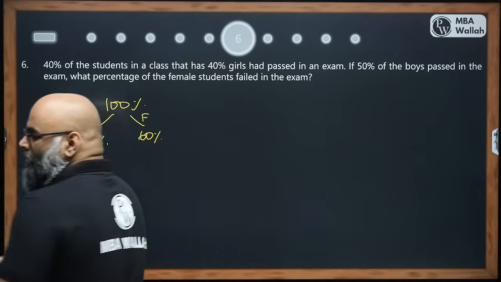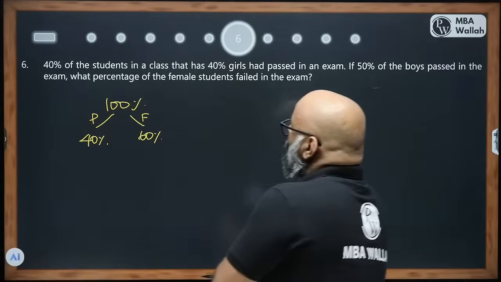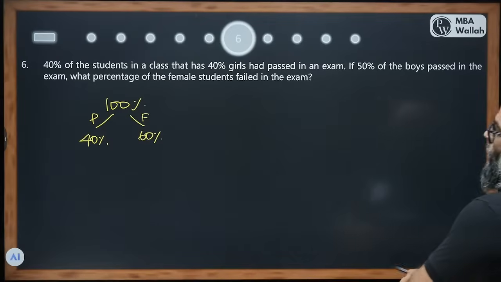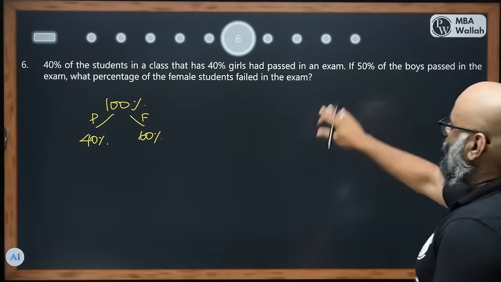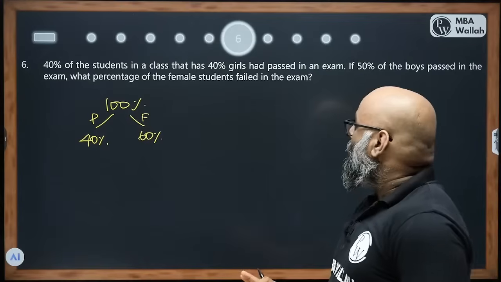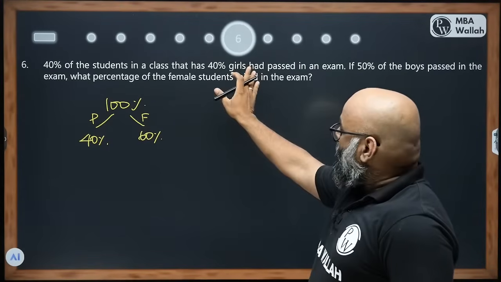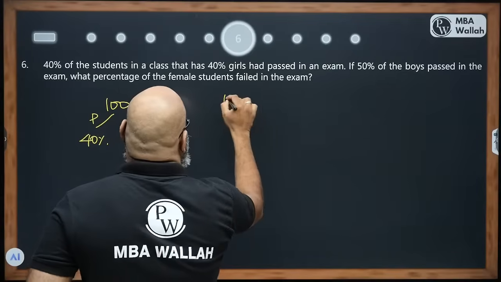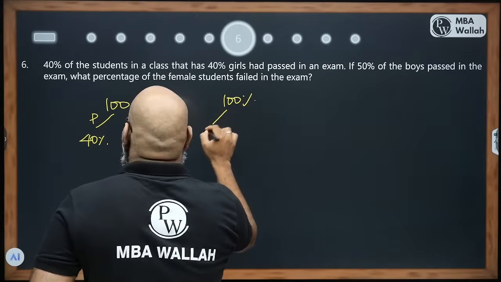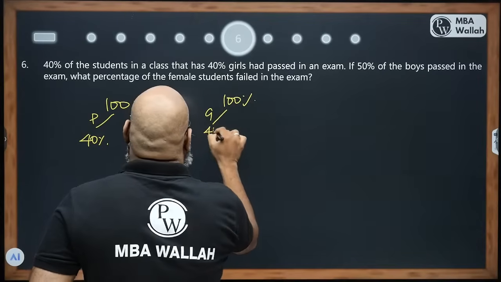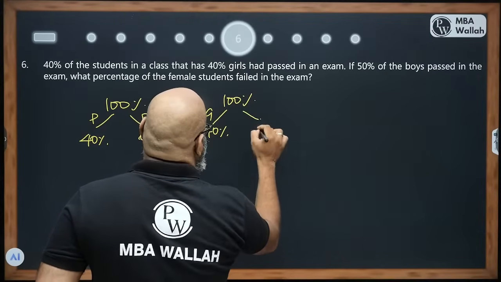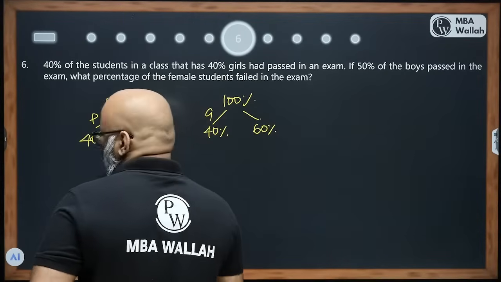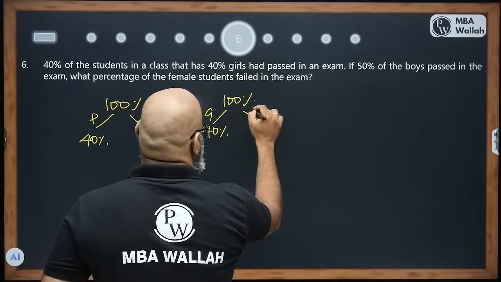Correct? 40% of the students are passed, which means 60% have failed. 40% of the class are girls. Out of the entire 100%, girls happen to be 40%. So boys happen to be 60%.